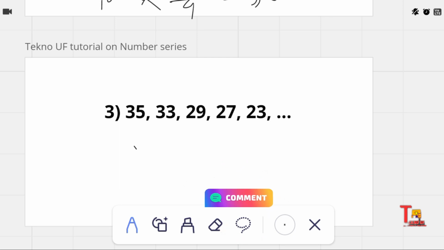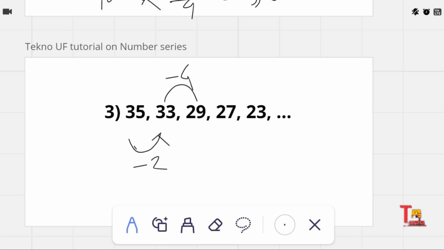If you hover from here to here, then you can see this is decreasing by 2, and again if you hover from here to here, then it is decreasing by 4, and from 29 to 27, this is decreasing by 2 again, and from 27 to 23, this is decreasing by 4 again.